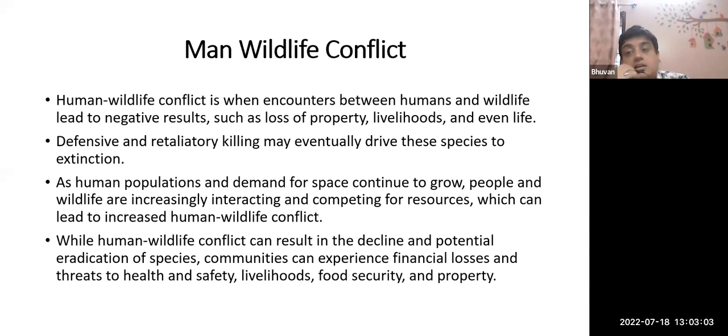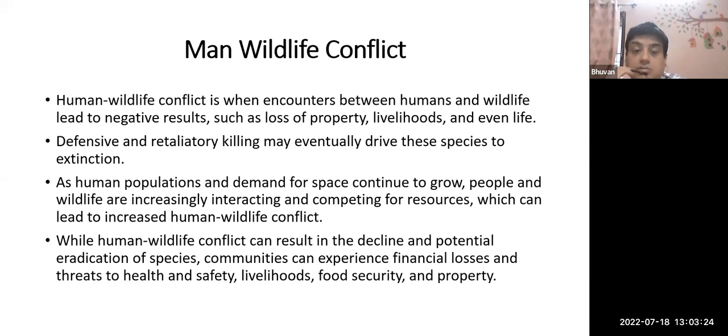And as the demand for food is increasing, the human population is increasing, and the demand for land for residential purposes is also increasing. We can see that the forests are converted into agricultural fields or residential colonies.